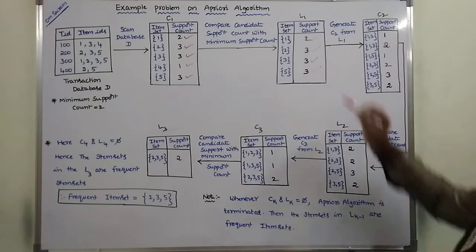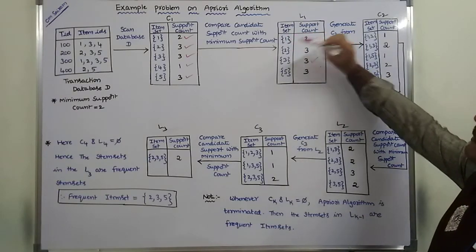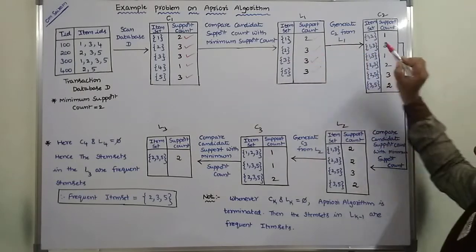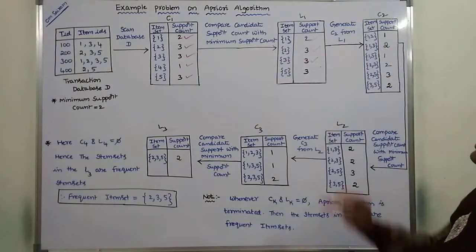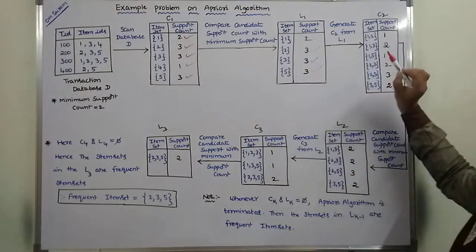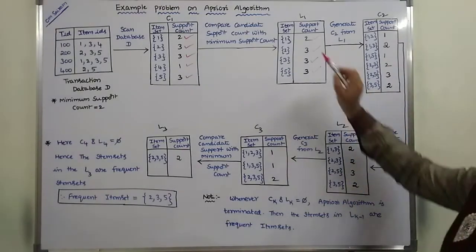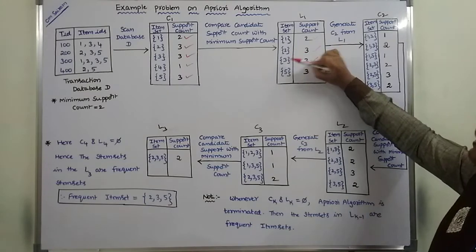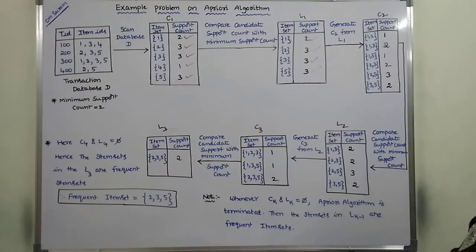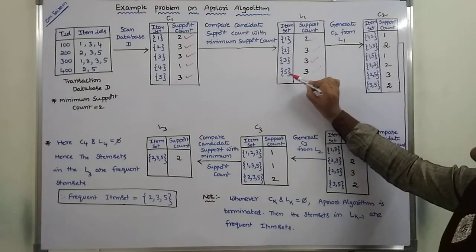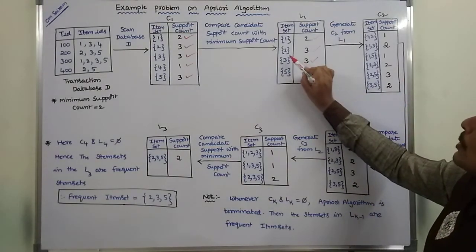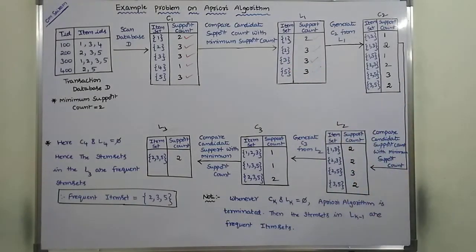Here 1 combined with 2 gives 1, 2. 1 with 3 gives 1, 3. 1 with 5 gives 1, 5. 2 is not combined with 1. 2 combined with 3 gives item set 2, 3. 2 combined with 5 gives item set 2, 5. 3 combined with 5 gives item set 3, 5.